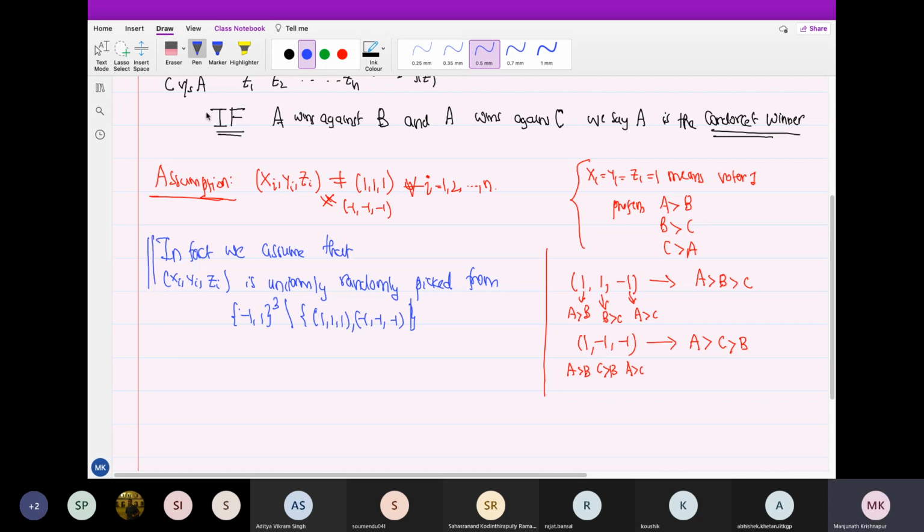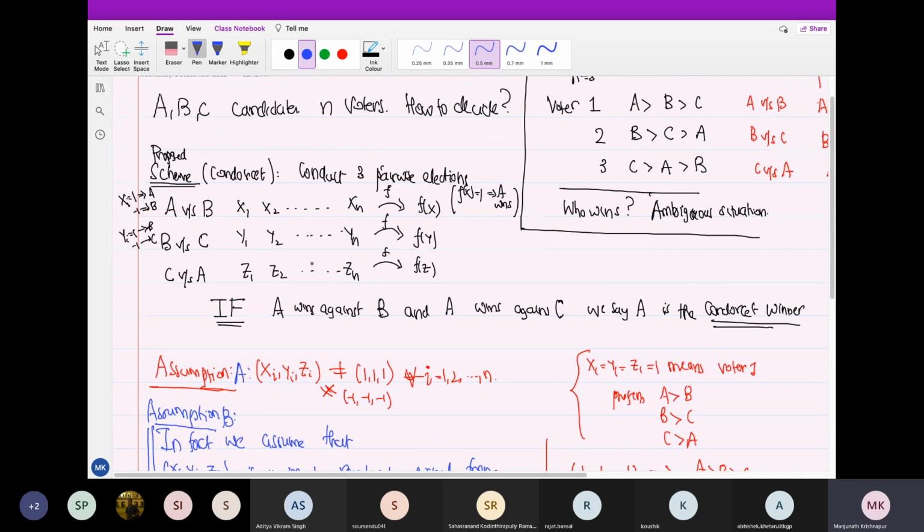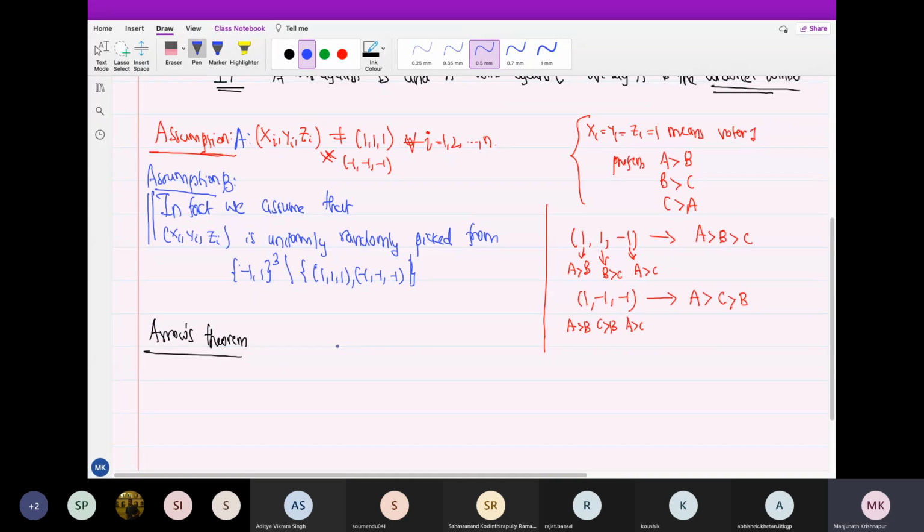So the theorem now says that, depending on what you want to say, let's say this is assumption A and this is assumption B. Assumption A has no randomness; we just assume that xi, yi, zi are not the ambiguous ones.